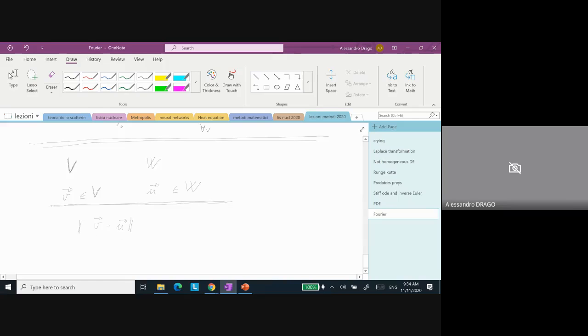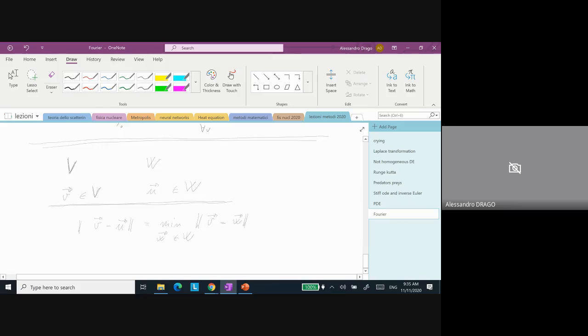And essentially, to say that U is the best approximation to V within this subspace means that the norm of V minus U corresponds to the minimum of the distance between V and a generic vector omega, if we take whatever vector omega inside the subspace.